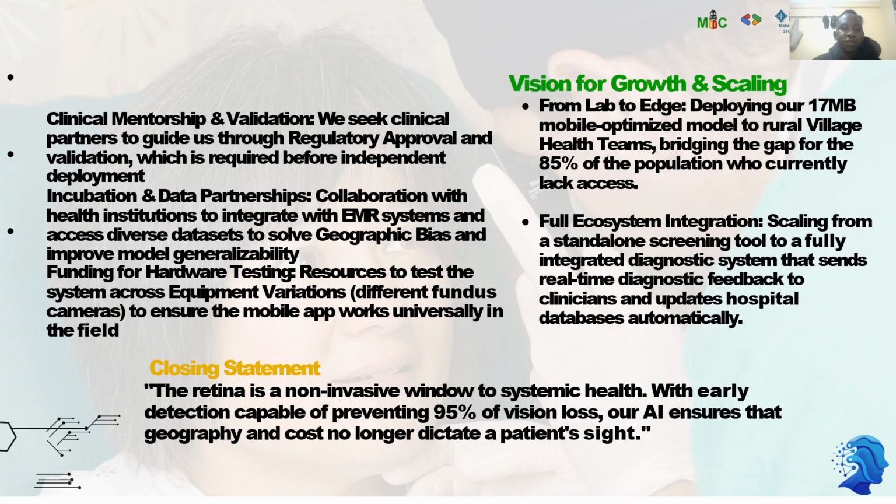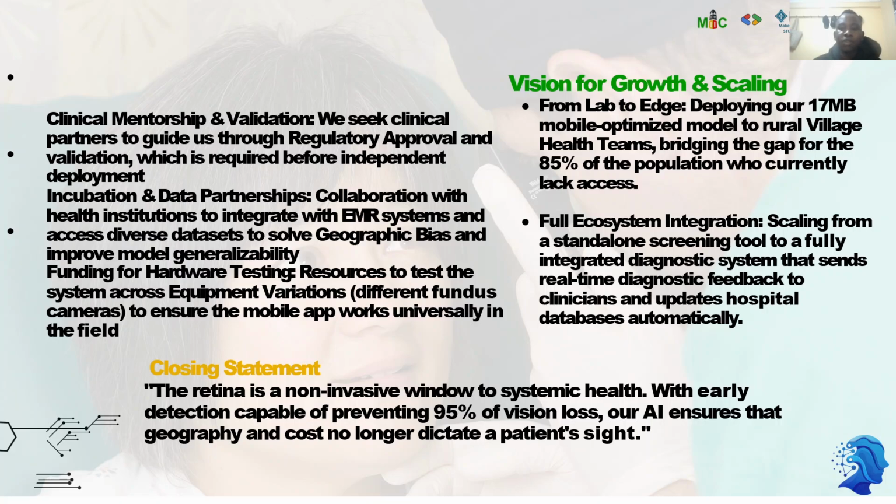Then funding for hardware testing, resources to test the system across equipment variations. So that is how we look into the future. The vision is simply from lab to edge. We want to move from going to labs to make eye checks, so that people can actually make checks from their homes.